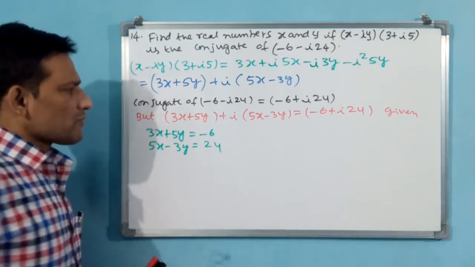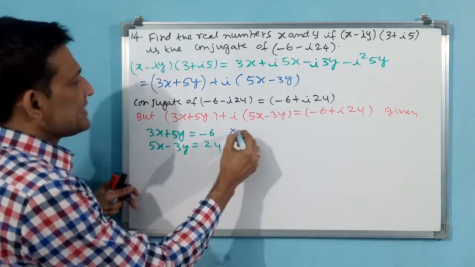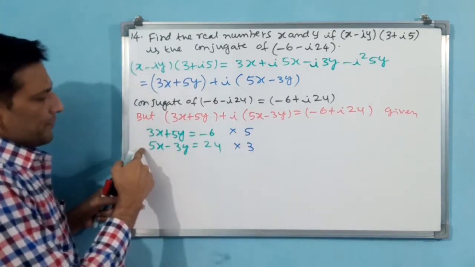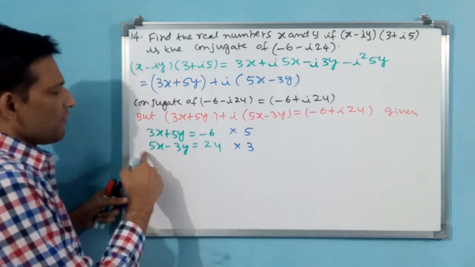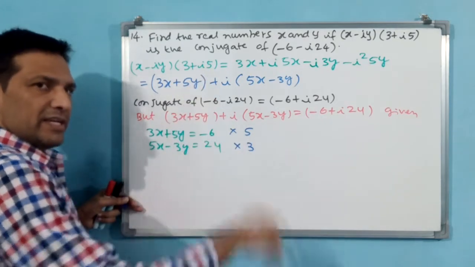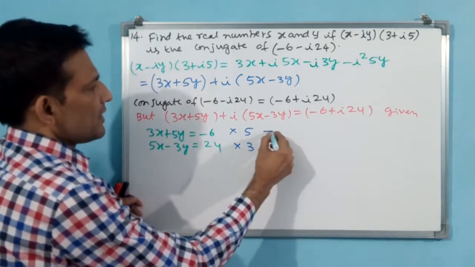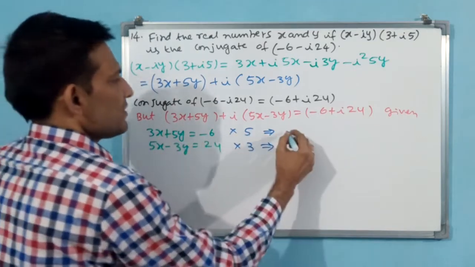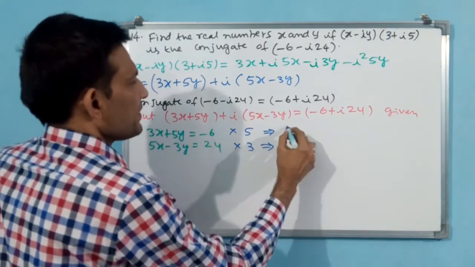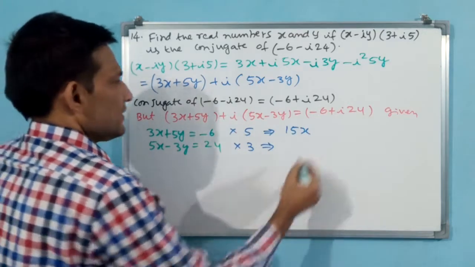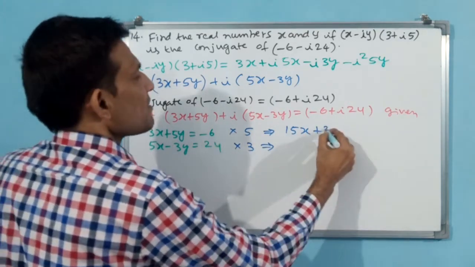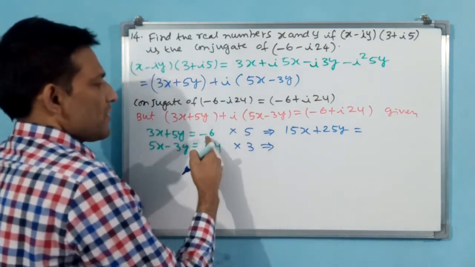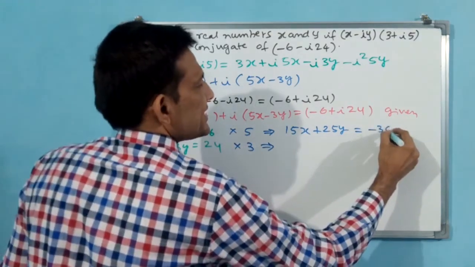Okay. Now what you have to do? You have to multiply the first equation with 5. The second should be multiplied with 3. 3 into 5, 15. 5 into 3, 15. x are going to get cancelled. 5 into 3, 15x plus 5 into 5, 25y is equal to 5 into 6, 30, but minus 30.